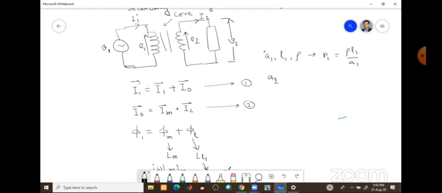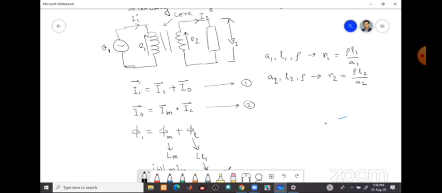We take it as A2, and L2 is the length of the wire we have used for the secondary winding, and rho is the same because we are using the same kind of material. So R2 equals rho L2 by A2.